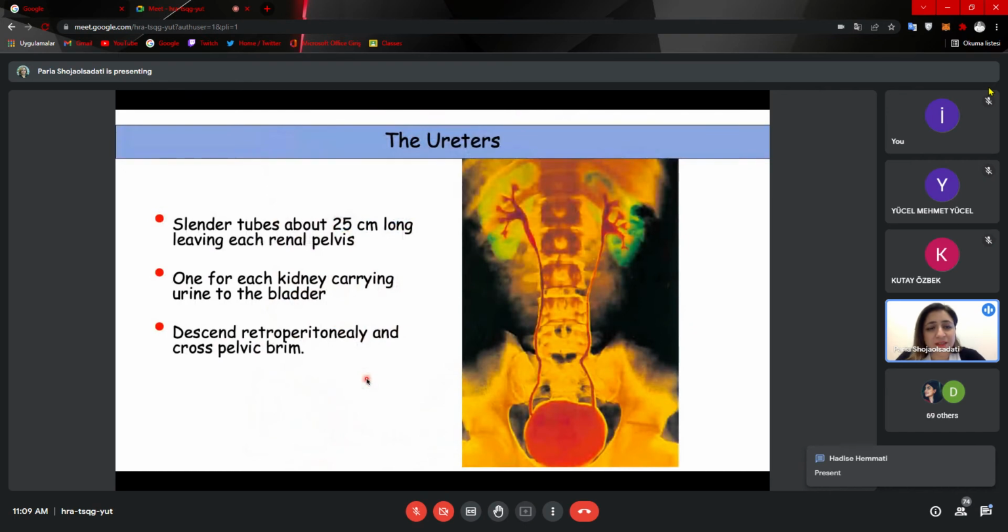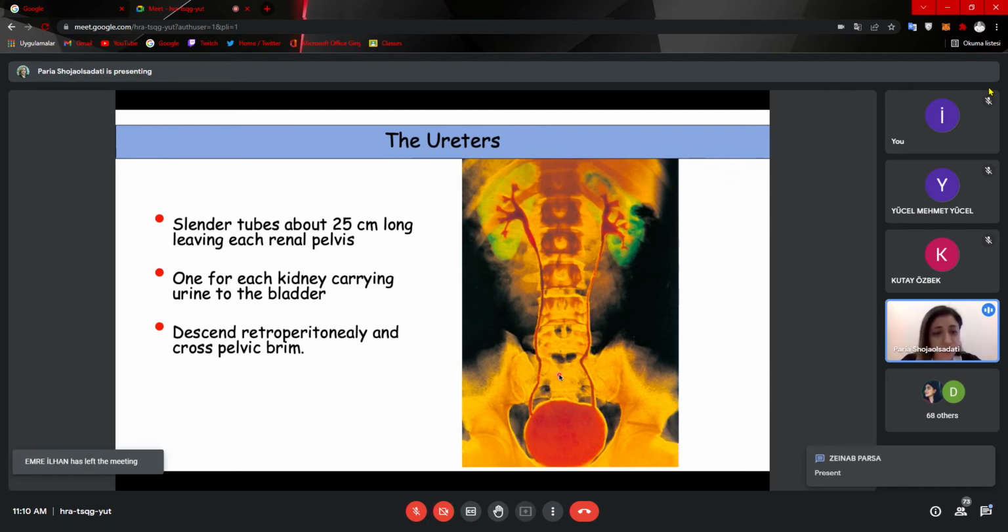The ureters are cylindric tubes about 25 centimeters long on the left side and 22 or 23 on the right side, each connected to the renal pelvis, one for each kidney, and they carry urine from the kidney to the urinary bladder.